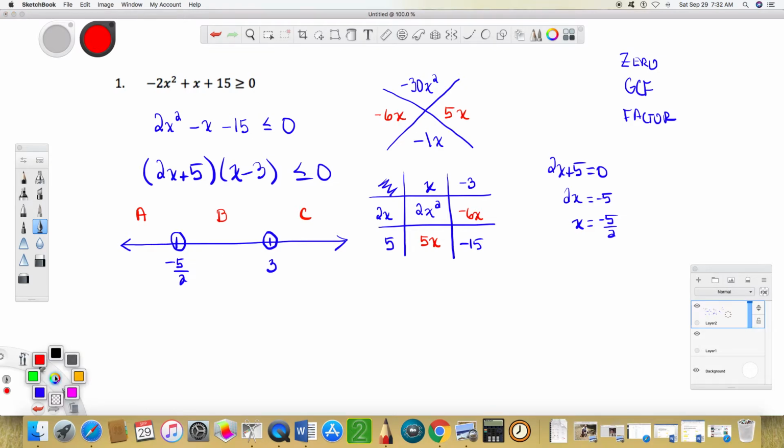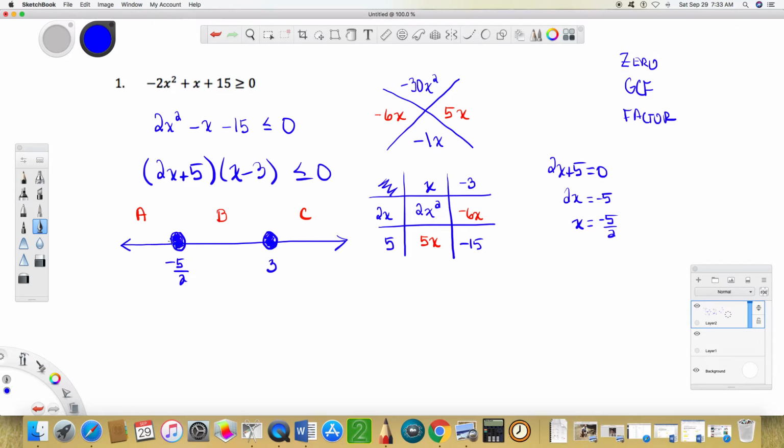Now, the first decision that we have to make is whether to leave these points hollow or shade them in, and that decision is made for us by looking at the inequality to see whether it's a strict inequality or whether it has an equal to. And this has an equal to, it's underlined, so we're going to shade this in and include this in our solution set.